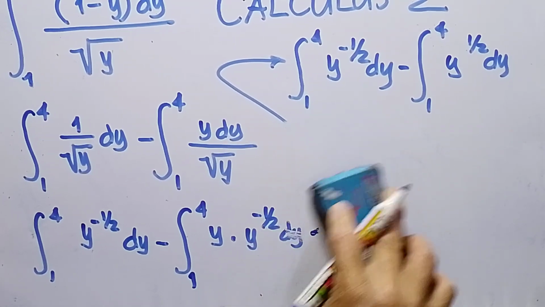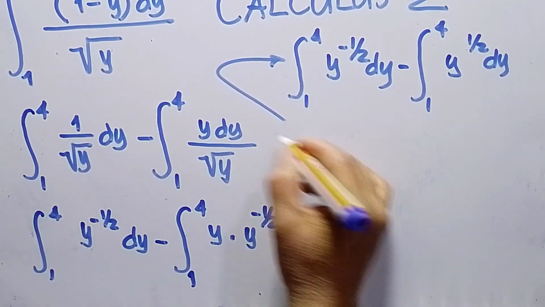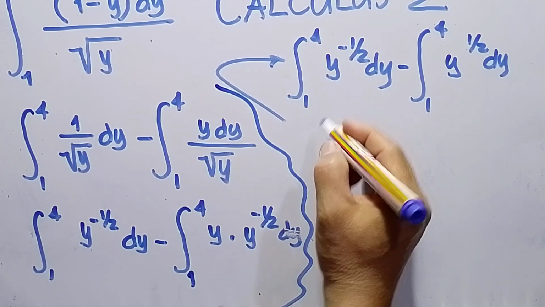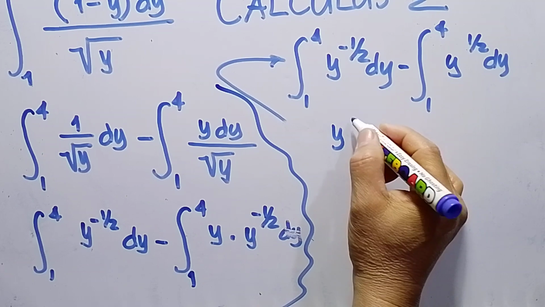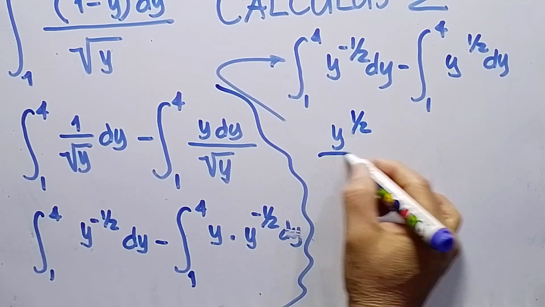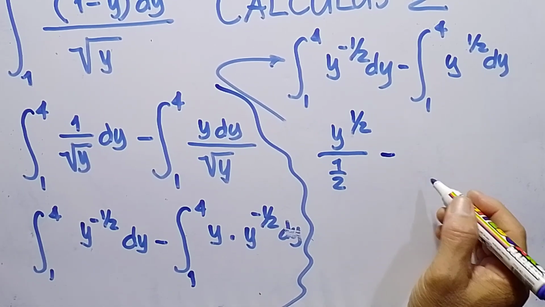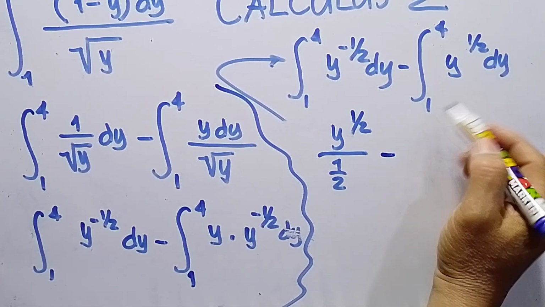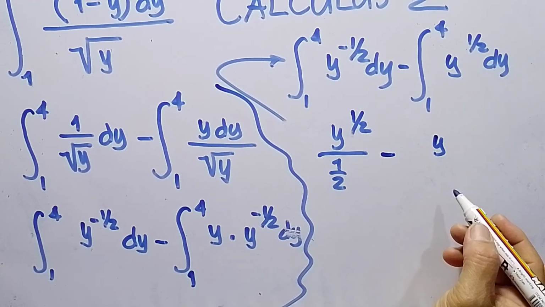Then how to integrate this one? This will be y raised to n plus 1 over n plus 1, so this will be y raised to 1 over 2 plus 1, over 1 over 2 plus 1.